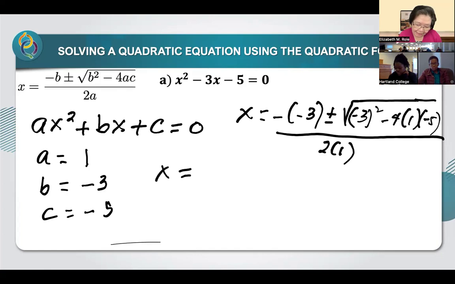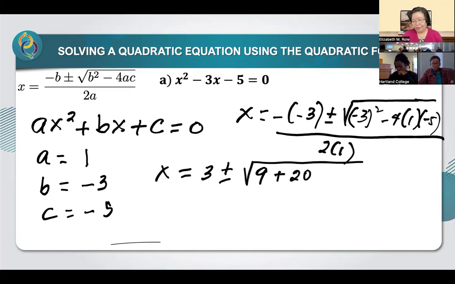So you now say x is equal to minus minus 3 is 3 plus or minus the square root of 9 plus 20, because 4 times -1 times -5 is 20, divided by 2 times 1, which is equal to 2. Looking at x squared minus 3x minus 5, you really cannot do factoring there, because the only factors of 5 are 5 and 1, or -5 and -1, so you cannot get a minus 3x.